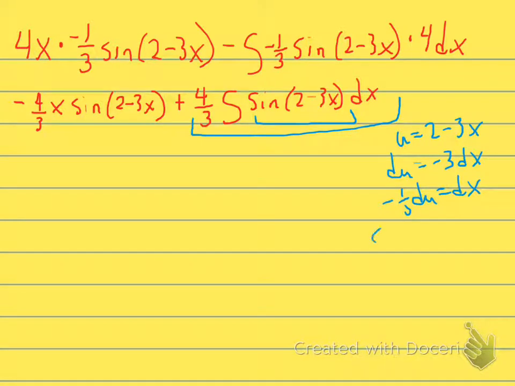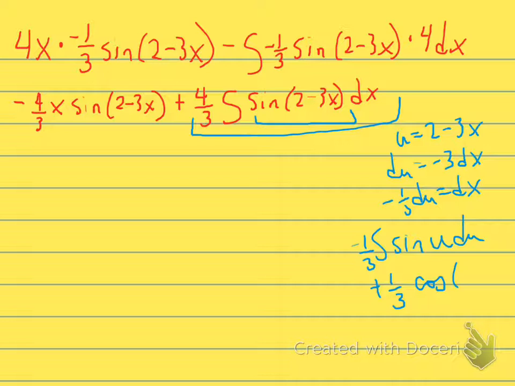So I have the integration of sine u, negative 1/3 du, which will give me negative 1/3, and then the integration of sine is negative cosine, so I'll make that a positive.